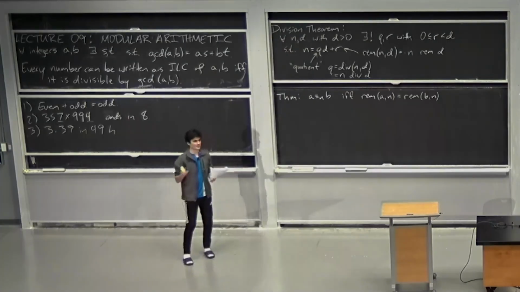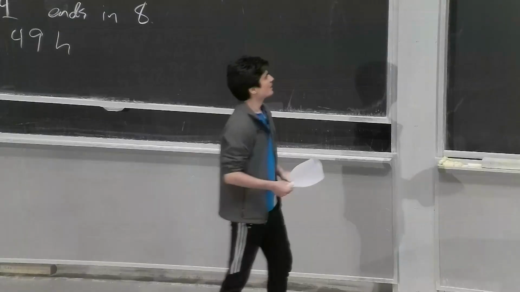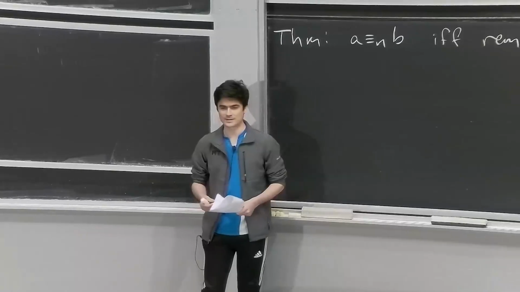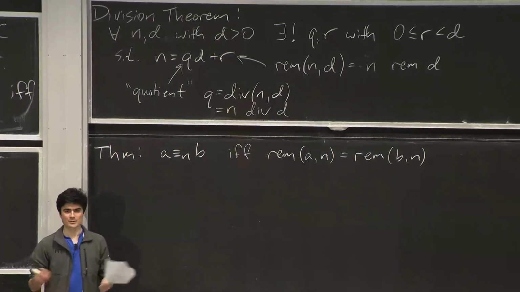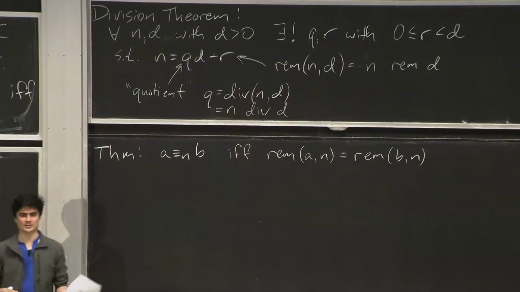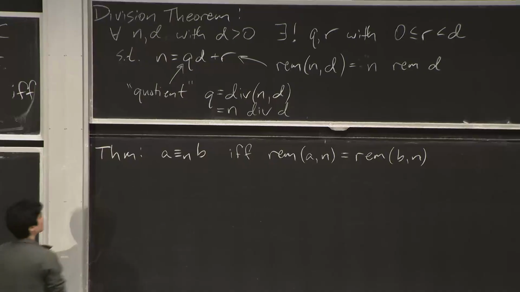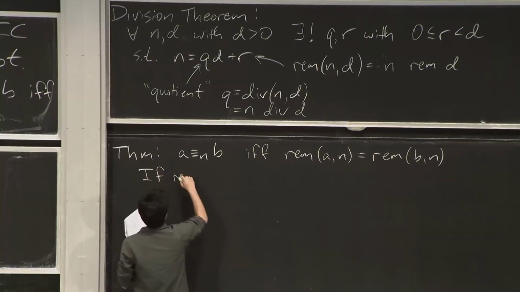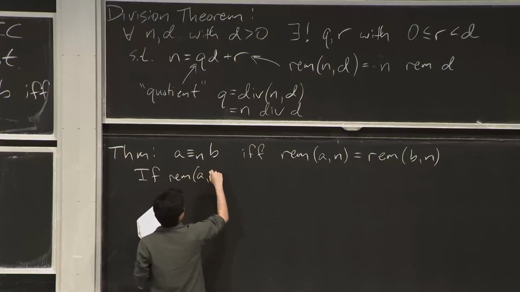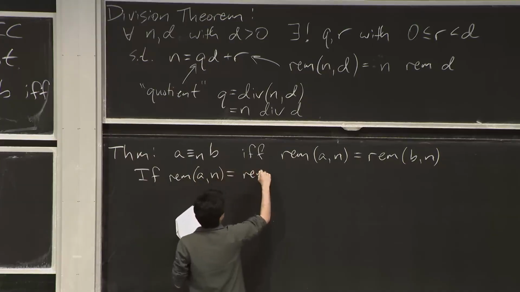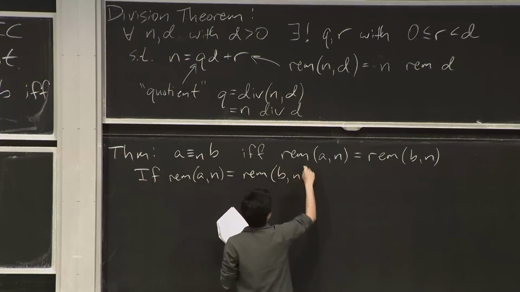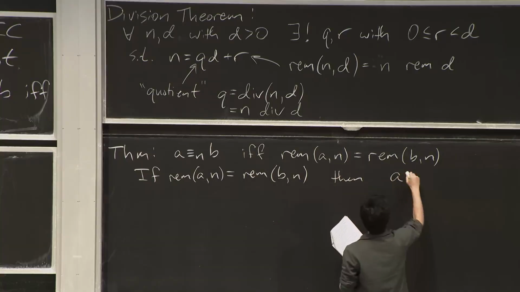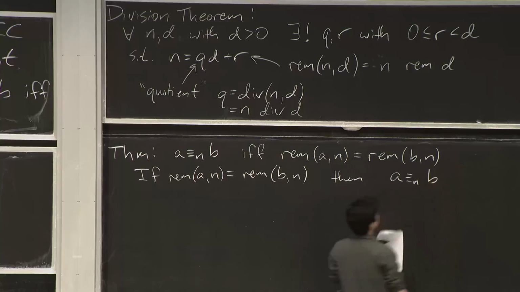Okay? I'm going to back up a step first. At a very high level, what do we need to do in order to prove a statement like this? We're trying to prove an if and only if. We have to prove implications in both directions. Okay? So first direction, if rem A comma n equals rem B comma n, then A is congruent mod n to B. Okay?